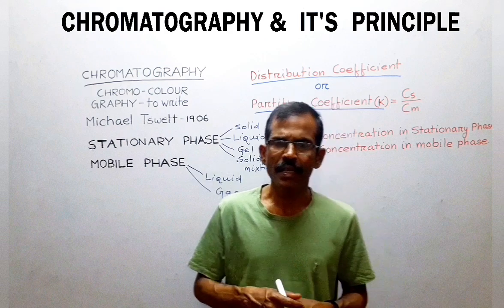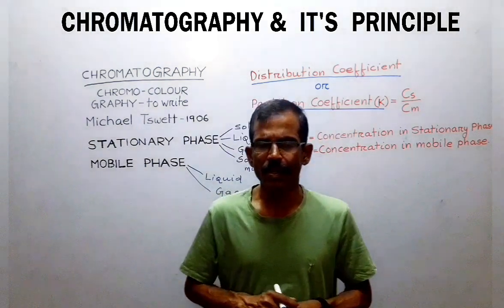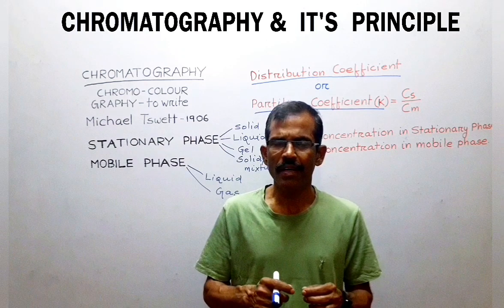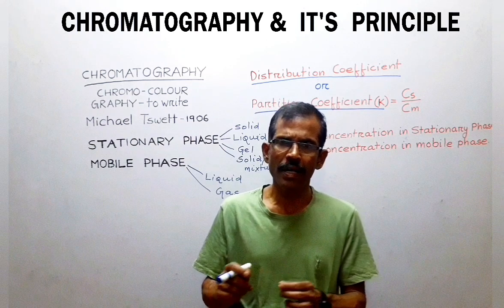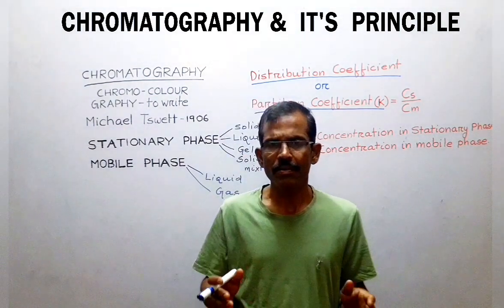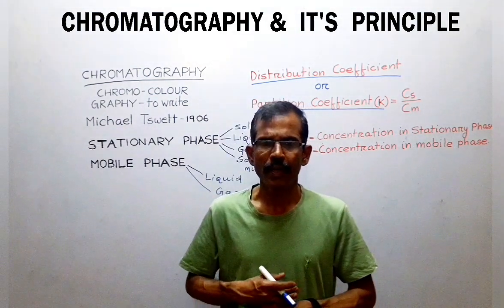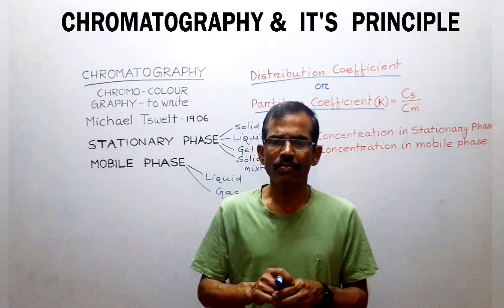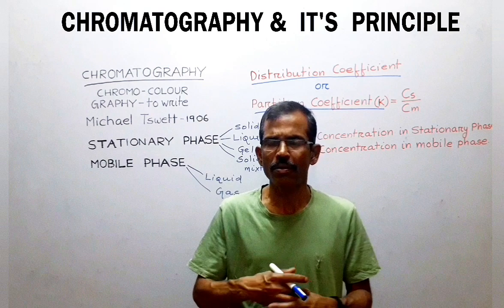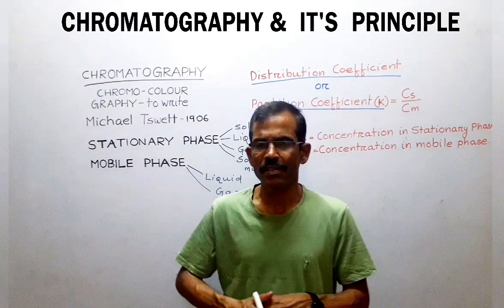After entering a chromatographic system, a solute immediately distributes itself between the mobile and the stationary phase. If at a given time during chromatography the flow of the mobile phase is stopped, then the solute will be in equilibrium between the two phases.